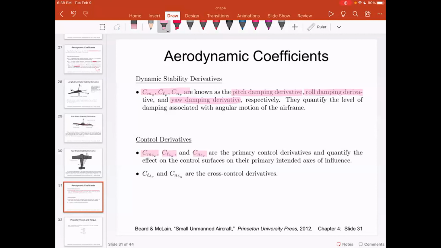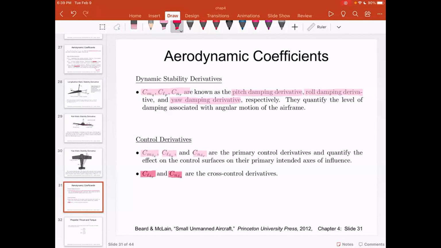Now, however, if you look at the secondary control surfaces, what you have is the moment is about different axis. For an example, the moment Cl, L is the moment about the roll axis, but that is controlled by the rudder deflection. That's why this is called as the cross control.